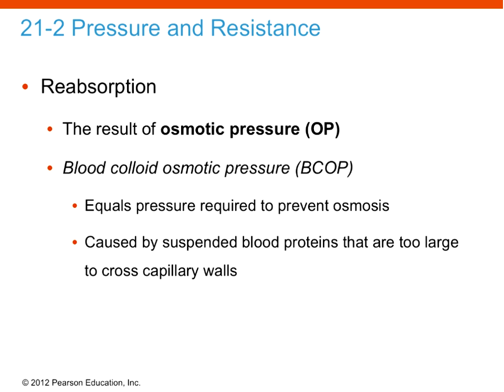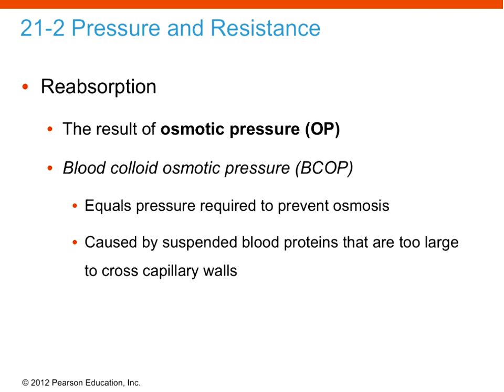Blood colloid osmotic pressure is basically the pressure that's generated on the inside of the blood vessel and the inside of that capillary bed as a result of all of the formed elements that are in there, and even some of the non-formed elements, things like plasma proteins that are too big to just willy-nilly go through to be filtered and reabsorbed out very quickly. That pressure will become equal to what's on the outside to prevent the movement of water.